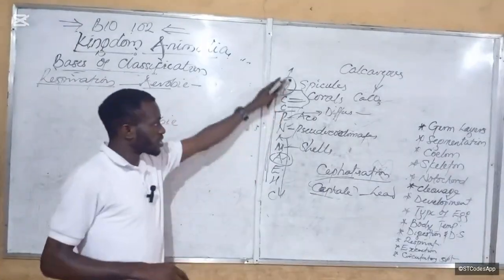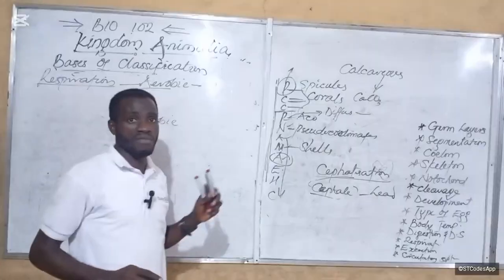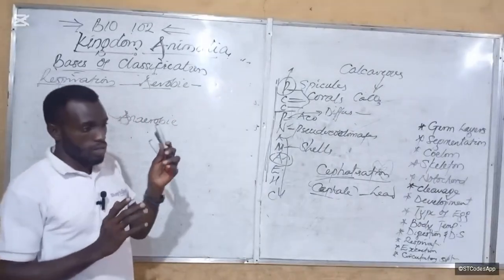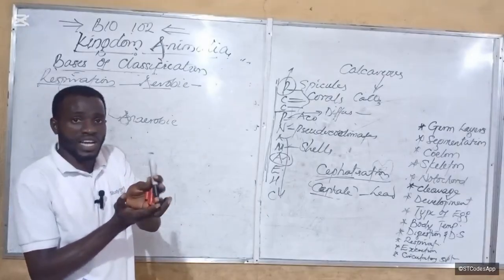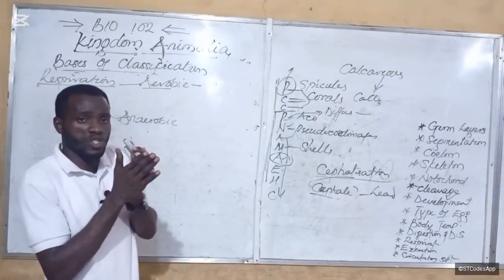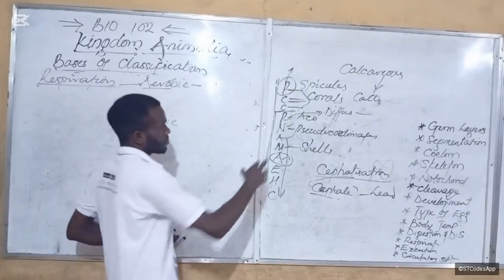Because for these organisms here, many of them have a lower surface area to volume ratio. Their volume is smaller than their surface area.